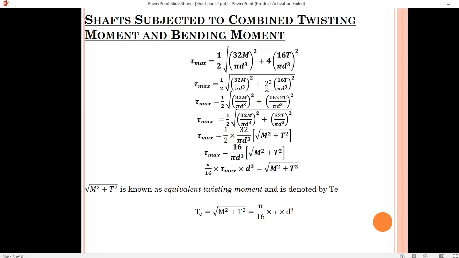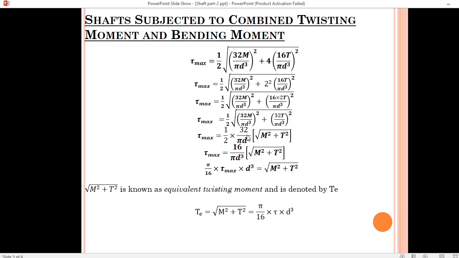If we take this 4 as 2 square, so this is 16 into T by pi d cube. This 2 square and 16 square are getting inside the bracket. So 2 into 16 whole into T square divided by pi d cube. Rest is the same. So 16 into 2 is 32, into T whole square. Here we can see 32 divided by pi d cube, and here also 32 divided by pi d cube.